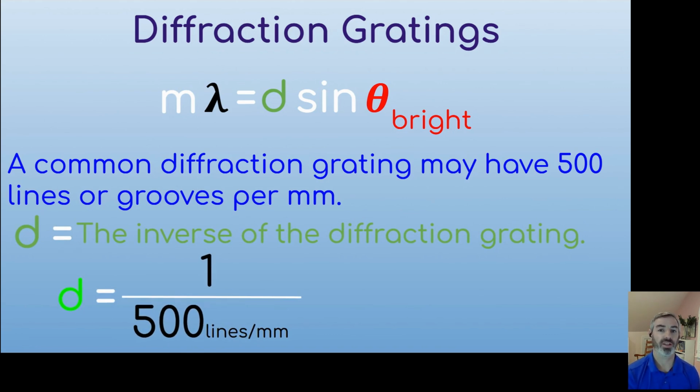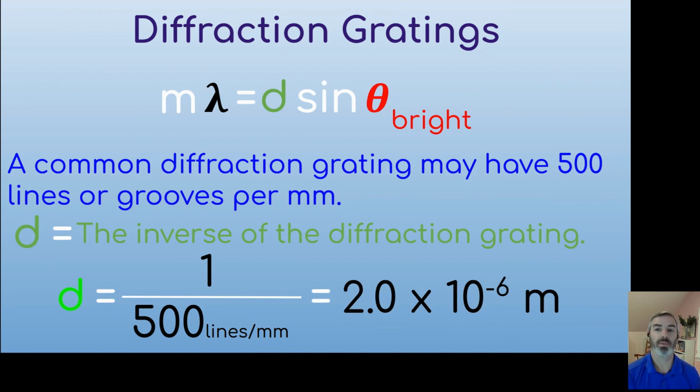Now this gives us an answer in millimeters, but we need d to be in meters, so you multiply that by 10 to the negative third as well. So 1 divided by 500 times 10 to the negative third, that's going to give us 2.0 times 10 to the negative 6 meters, and this is the separation between the slits. That is the d value that we have in m lambda equals d sine theta bright.